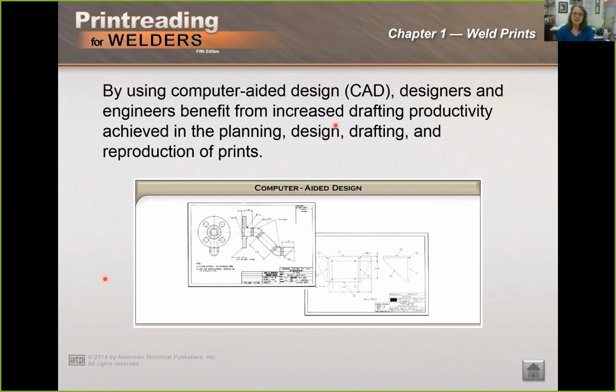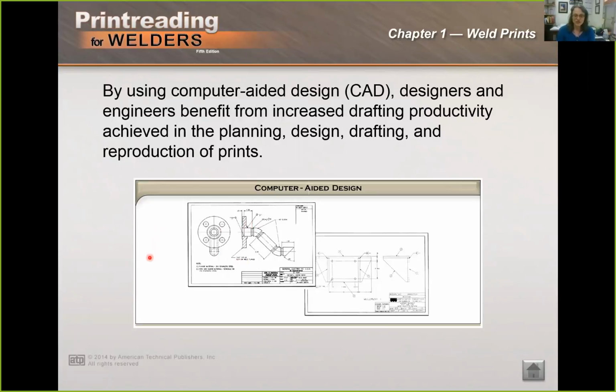But whenever you see CAD, what you should think is computer-aided design. Now, computer-aided design benefits engineers and designers creating the drawings because it's quicker and the prints are more consistent, and you can make more drawings in a day. You can be more productive.